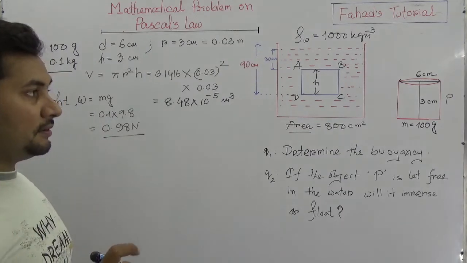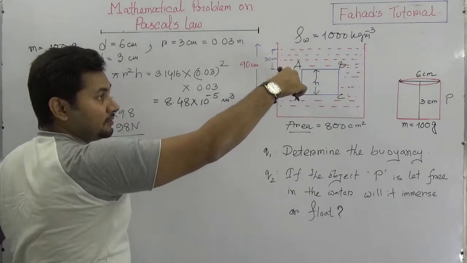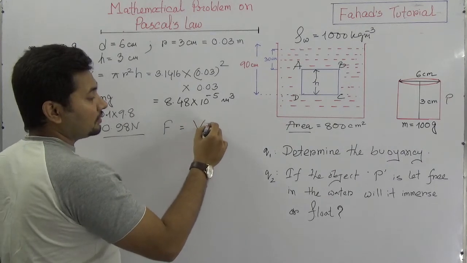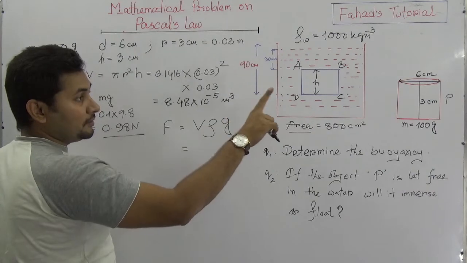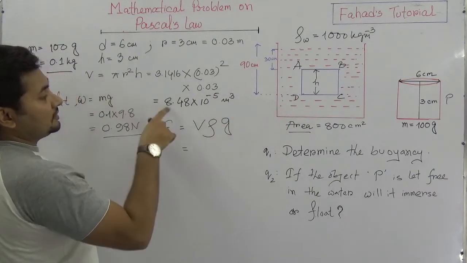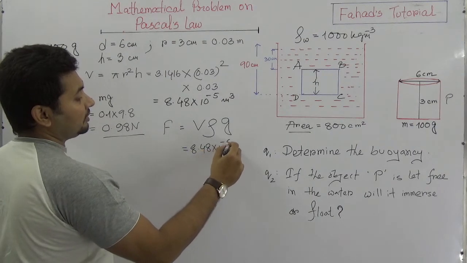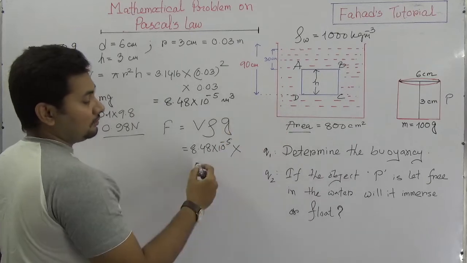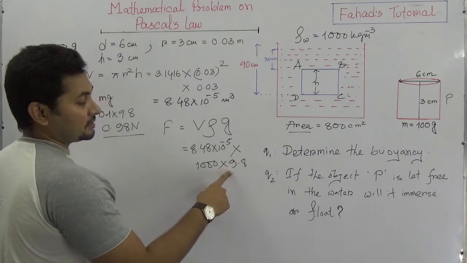Now you think, what is the buoyancy of the object? If we just let it fall into the water, then the buoyancy F would be V rho g. Now the V of the object is 8.48 times 10 to the power minus 5, times rho, the density of the liquid, which is 1000, and g is 9.8.